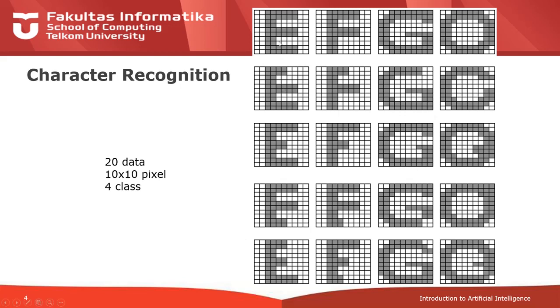So for example, this one is an image of the letter E, and even in this very simple image there are 10 by 10 pixels. So how many pixels in total? We have 100 pixels, and each one is either 0 or 1 for black and white, and then we have 20 data, and we have 4 classes.